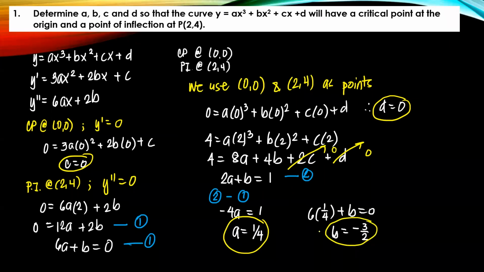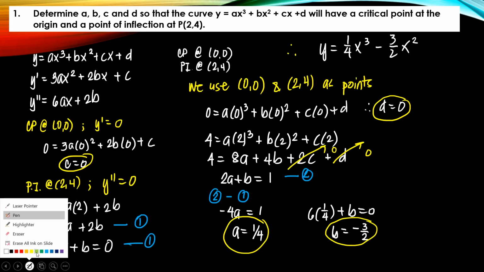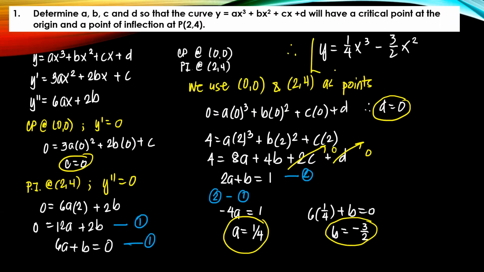So the final answer would then be, therefore, the equation is y is equal to 1/4 x cubed minus 3/2 x squared. And then c is 0, d is 0. So that means this one would be your final answer.